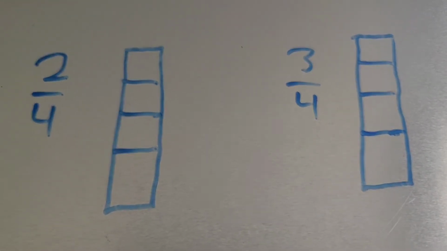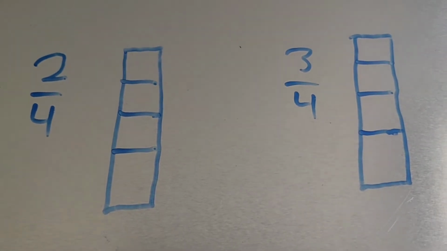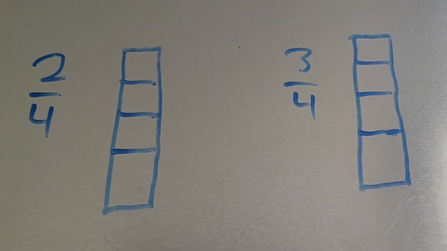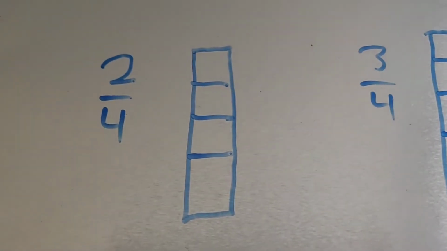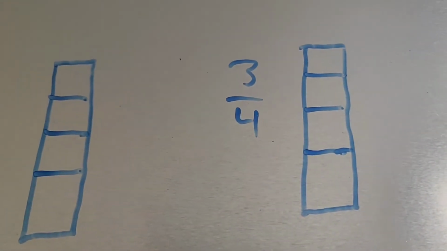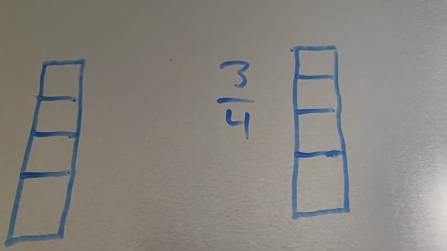And it also means that in 2/4 and 3/4, each of the 4 equal parts in 2/4 is the same size as each of the 4 equal parts in 3/4.